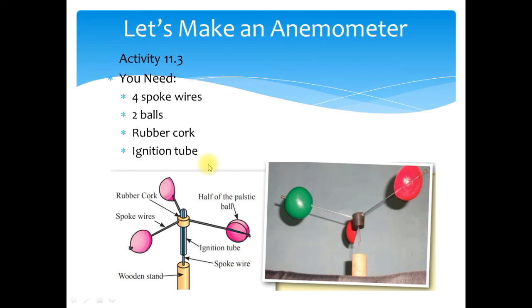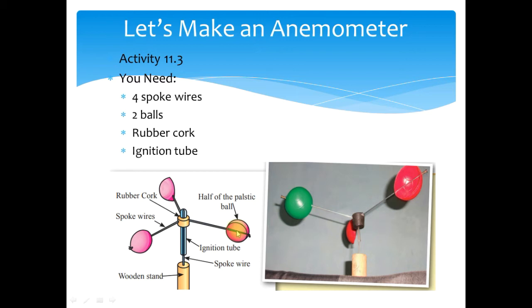First, make a hole in the middle of the rubber cork and insert the ignition tube into it. Cut the plastic balls into 2 halves each and make a hole in each half to insert these spoke wires.